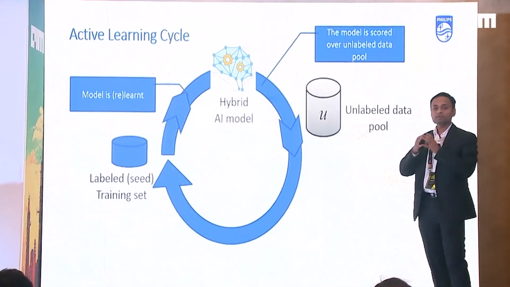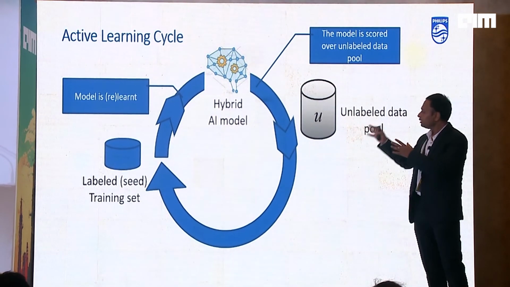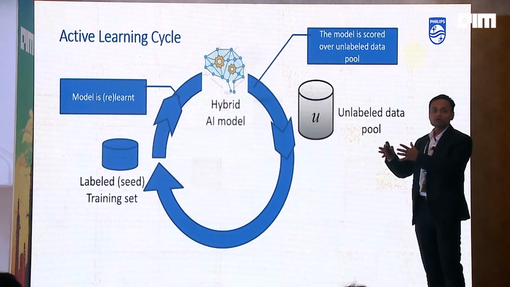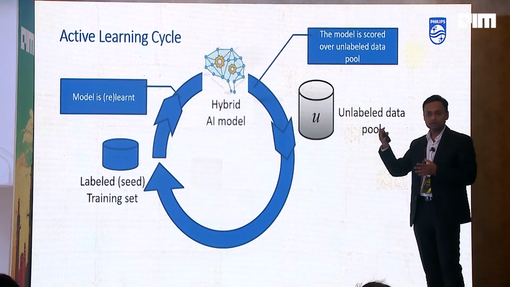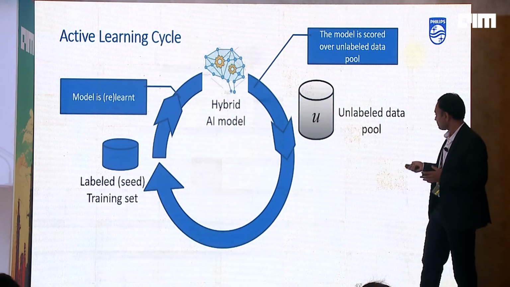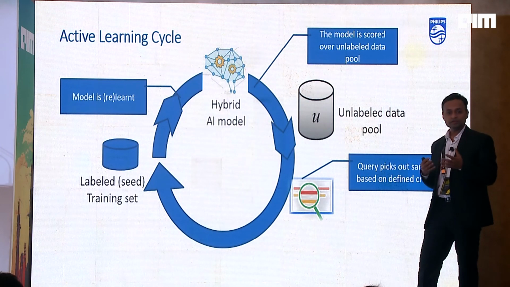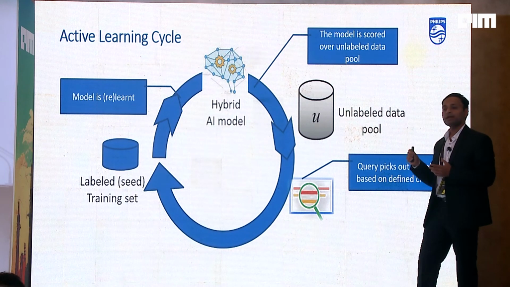In this case, for example, we have thousands of CT images. We don't know whether it's a hemorrhage or a non-hemorrhage. Take that data and pass it to this model. This model would obviously spit out the classification labels, whether it is confident or non-confident for the use case that we have put it to. Based on the query mechanism, it could be pooling, it could be selection, you try to identify those cases which are highly ambiguous.